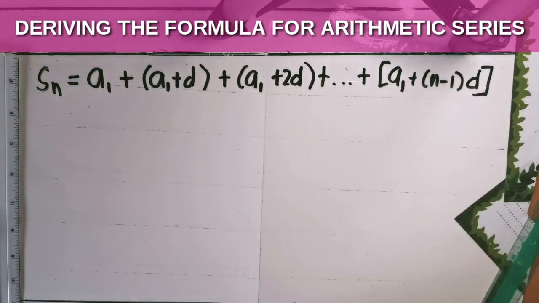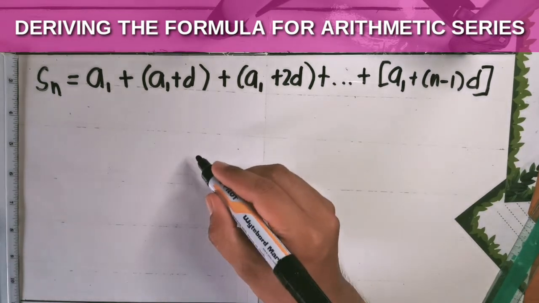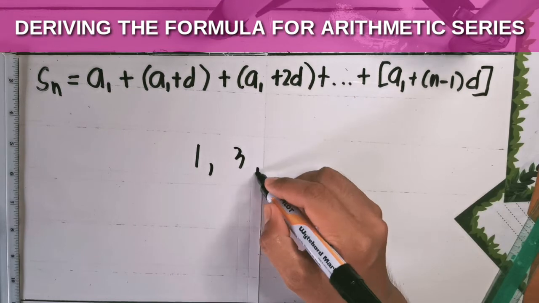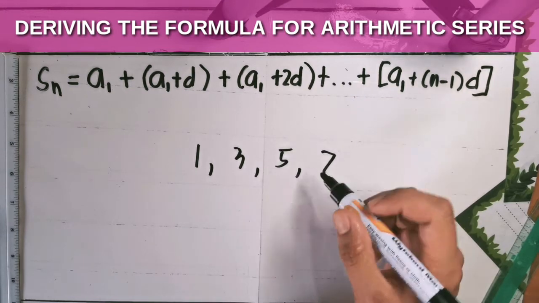To derive the formula of the sum of the arithmetic sequence or the arithmetic series, we're going to add the reverse order of this given algebraic expression using the nth term. So how are we going to do that? Let's illustrate first. Let's use the example 1, 3, 5, and 7.